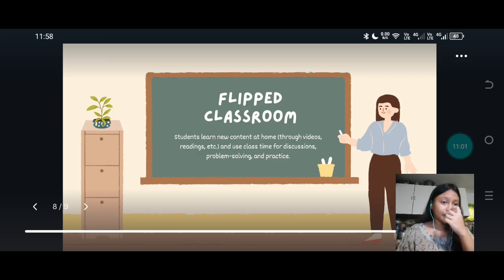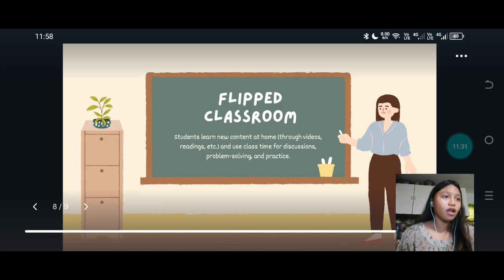So, the flipped classroom is where the students learn something at home, and then just use the time at school for practicing their problem solving and for other discussions. So this flipped classroom actually helped the students to be more cooperative or more interactive at the classroom.